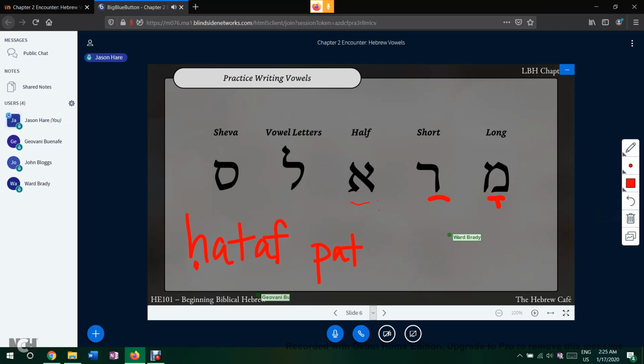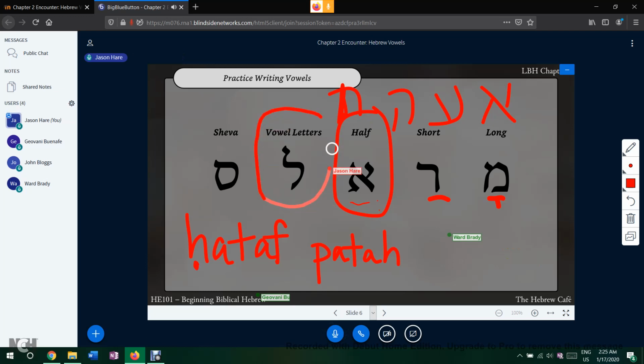So these chataf vowels are what we call the composite shva. It's shva with another vowel. So we've already got it right there, that it's patach with shva together. Notice that these half vowels are going to come on aleph, ayin, hey, chet, the guttural letters. So in place of a vocal shva, you're going to have a composite shva on these gutturals.